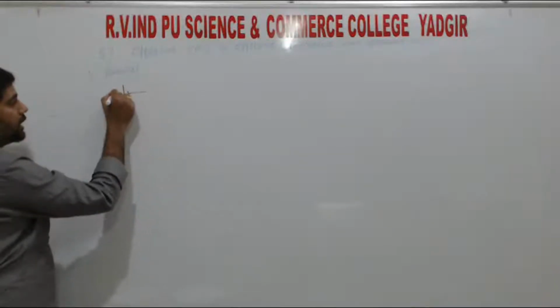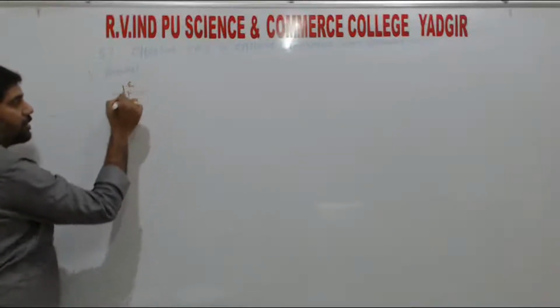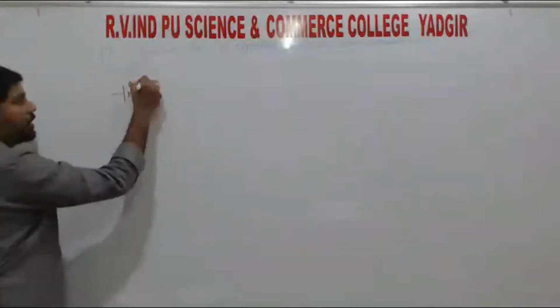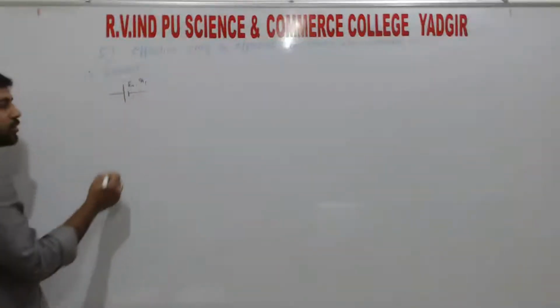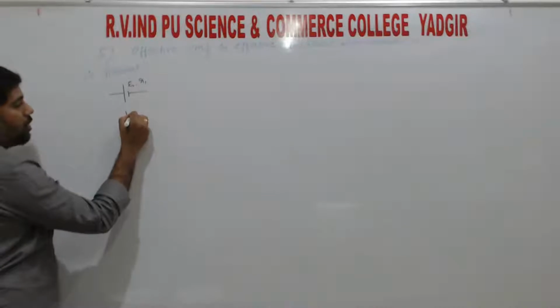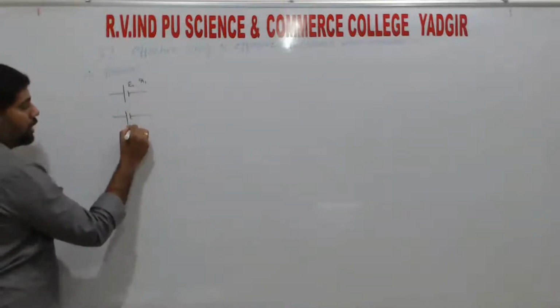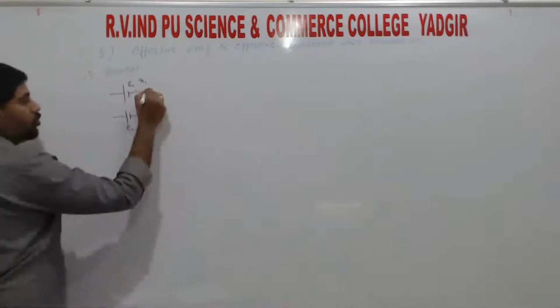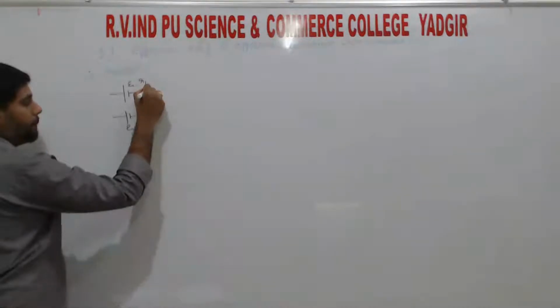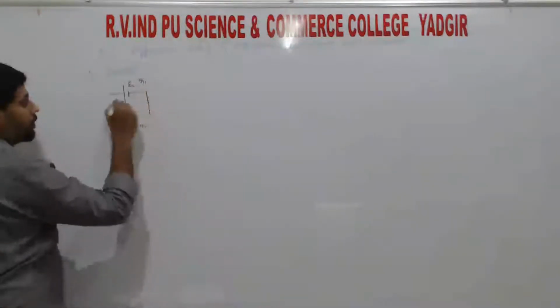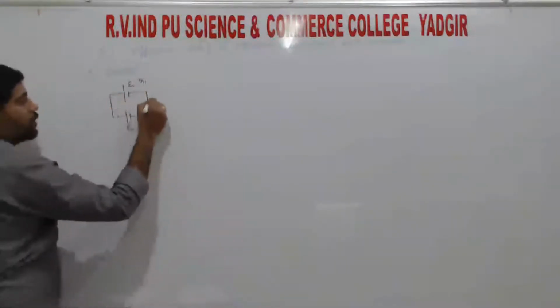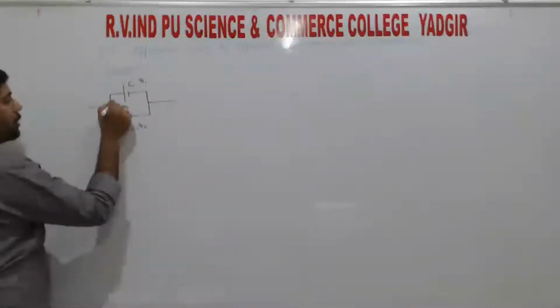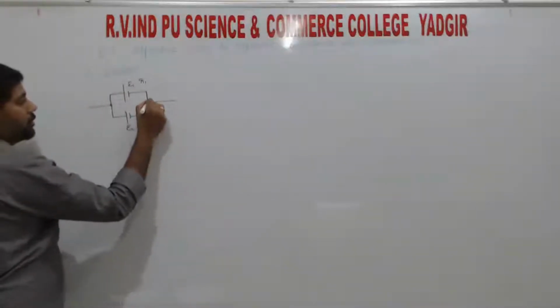The first cell has EMF E1 and internal resistance R1, right? Consider another cell of EMF E2 and internal resistance R2, right? Now these two are connected in parallel, right?